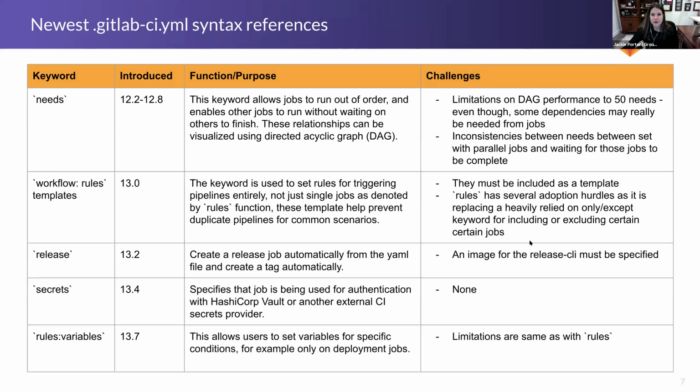We also wanted to highlight some of the newest improvements that we made to the syntax references. We've added this table to highlight some of the functions and purpose and challenges. Customers are always looking for additional changes and improvements to the YAML. As you may know, we've added cross-functional additions like the release and secrets keyword to support things like secrets management or being able to release from the YAML file.